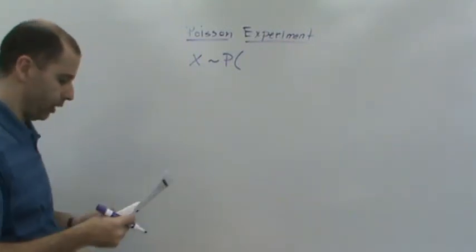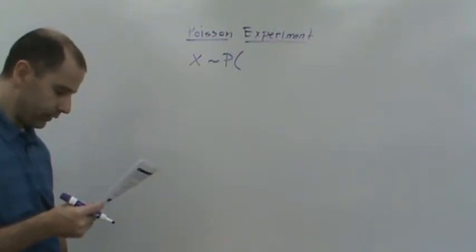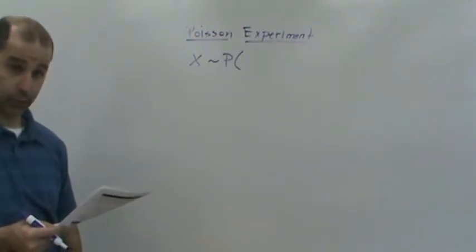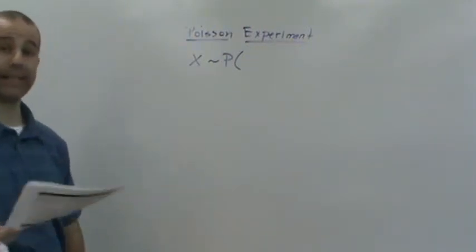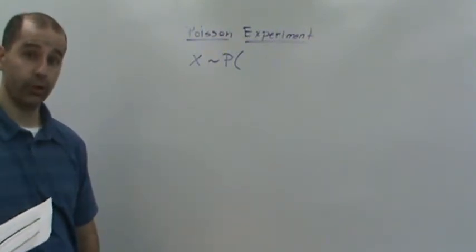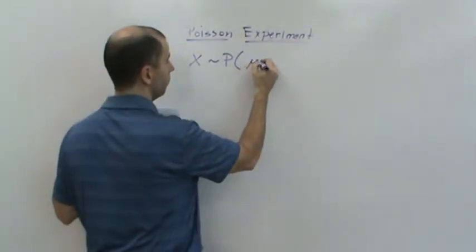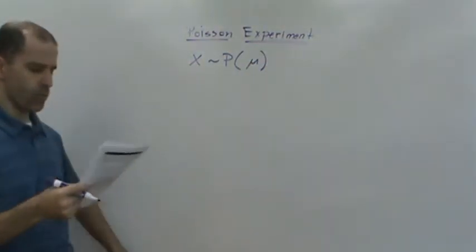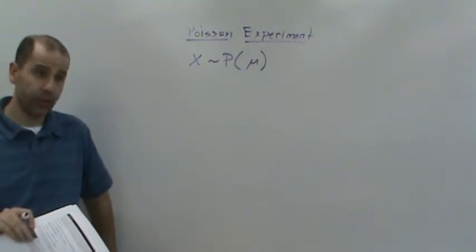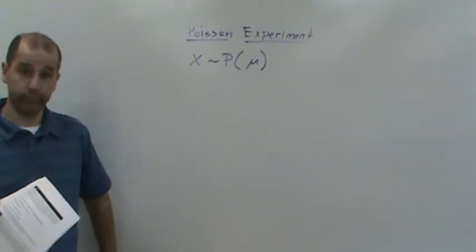So what's the average rate? We're going to denote that by using the mu, okay? So mu, remember, the average rate is mu. So what is the average number of occurrences? That's the rate. So that is what we're going to use as our parameter. So this is just going to be mu, okay? Now, some textbooks use lambda.